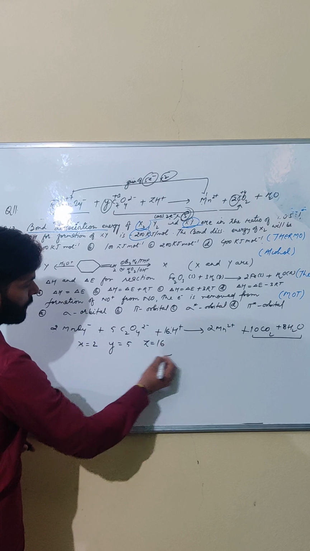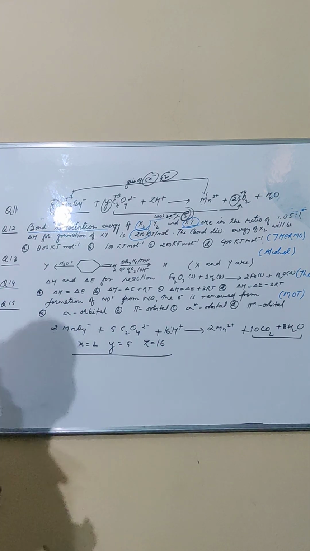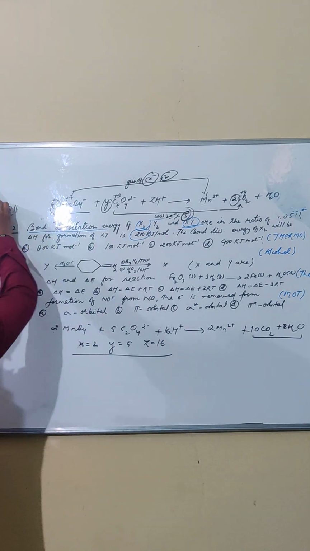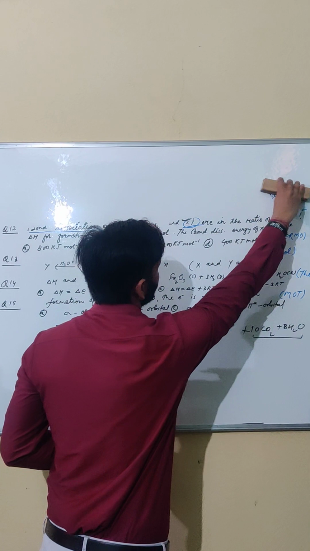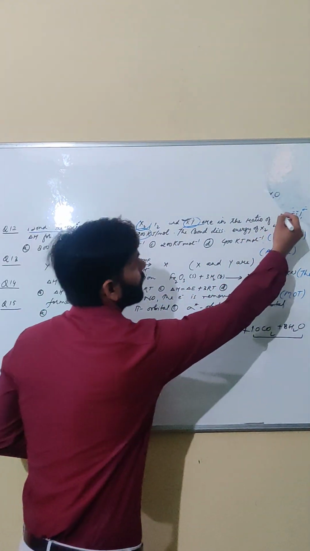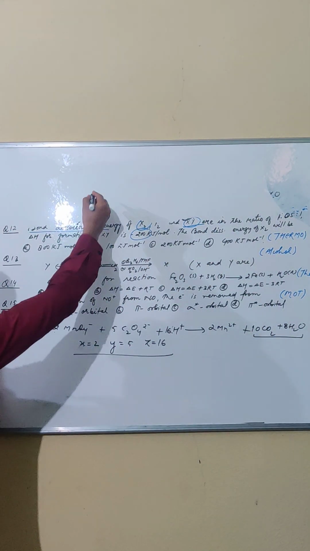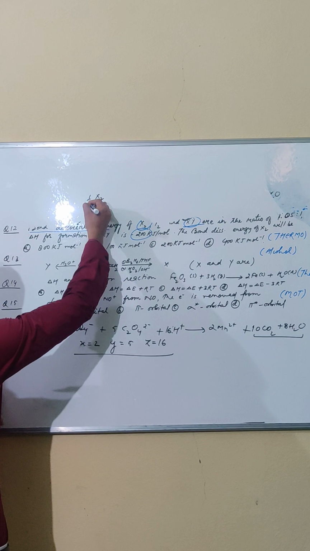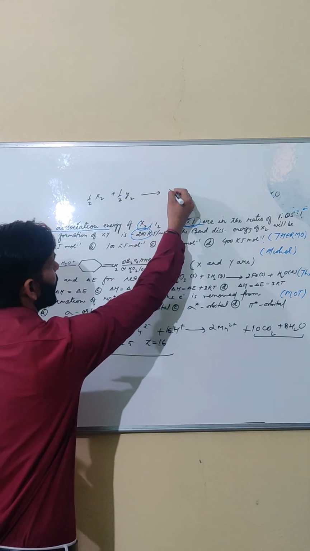Moving to the second question, or 12th question, that is from thermodynamics. Bond dissociation enthalpy of reactant and product are given in ratio form. First write down the reaction: half x2 plus half y2 will give you xy.